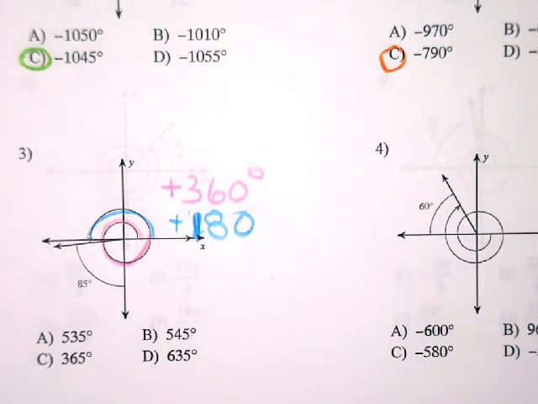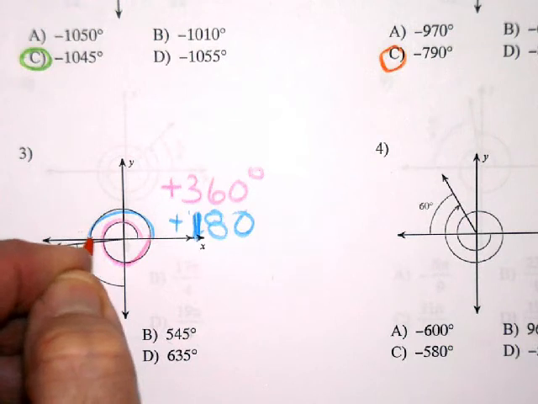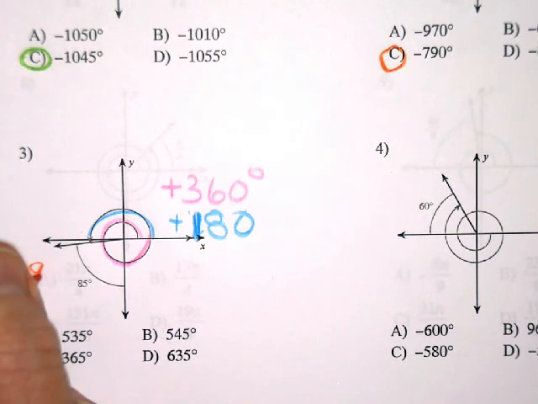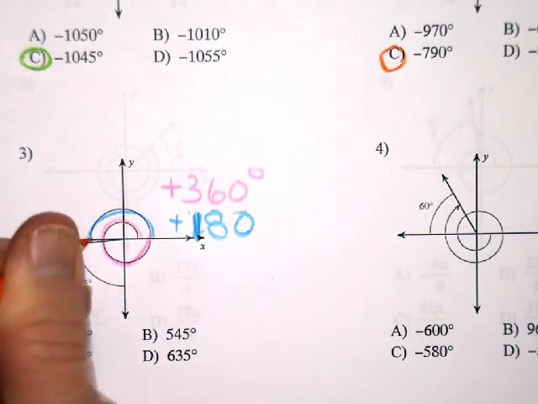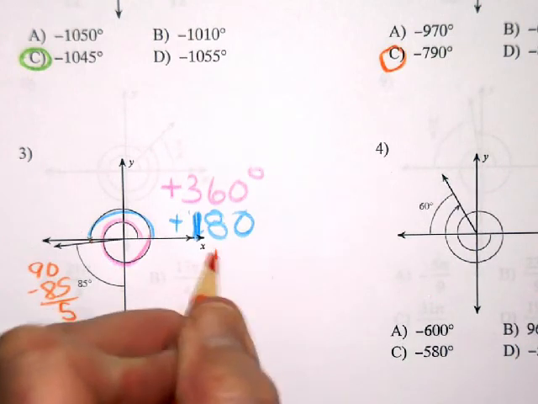And then I'm just going a little more. If you notice, just a little past the x-axis, and they gave us the leftovers was 85. So if I take 90 minus 85, I'll find out what this reference angle is.